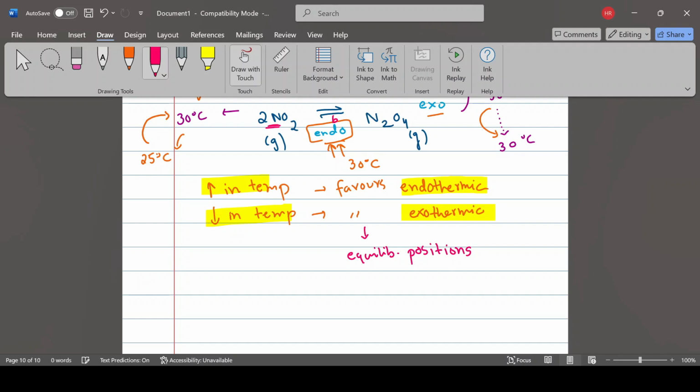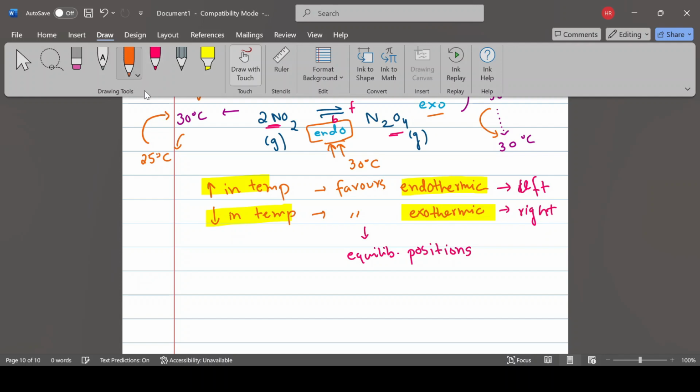Because N2O4 is getting converted into NO2 in the backward reaction. So we say, if it's favoring endothermic reaction in this particular example, the equilibrium shifts towards the left side. This is the left side, NO2. Similarly, if there's a decrease in temperature, it favors exothermic reaction. Exothermic reaction is the forward reaction, which means that now this side of the reaction will be favored. So we say that the equilibrium position shifts towards the right side. Do you get this point as well?